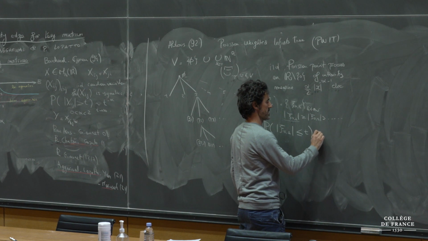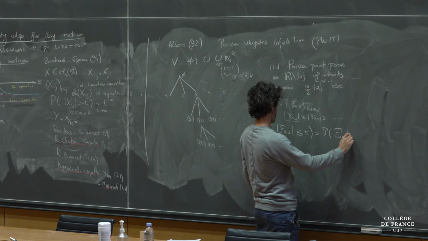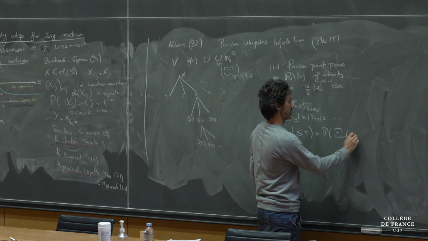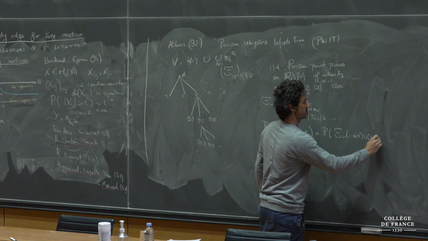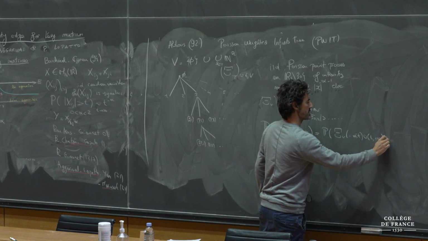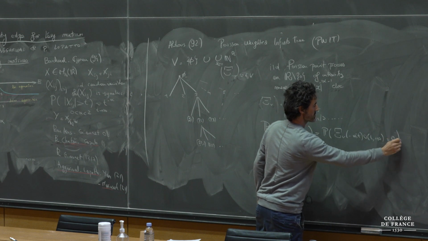This is the probability that my point process has no point on minus infinity to minus t and t to plus infinity, that is, the number of points it has is 0.